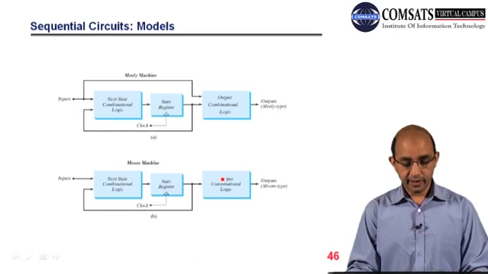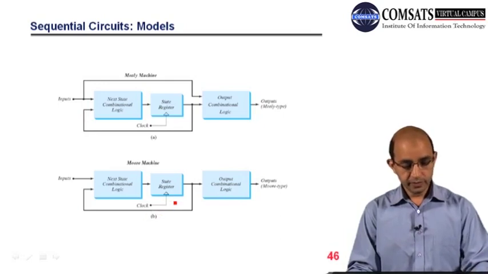And here we have the combinational logic for the output. So you can see that there is no direct connection between input and the output. Over here we can see this line, and over here we don't have any direct connection. So it means output is dependent only on the current state.